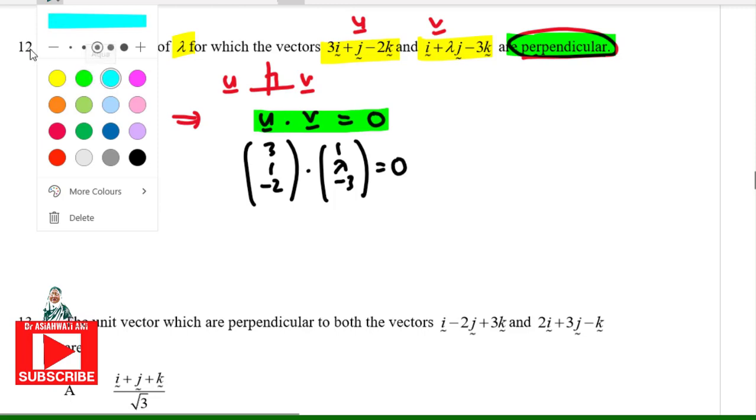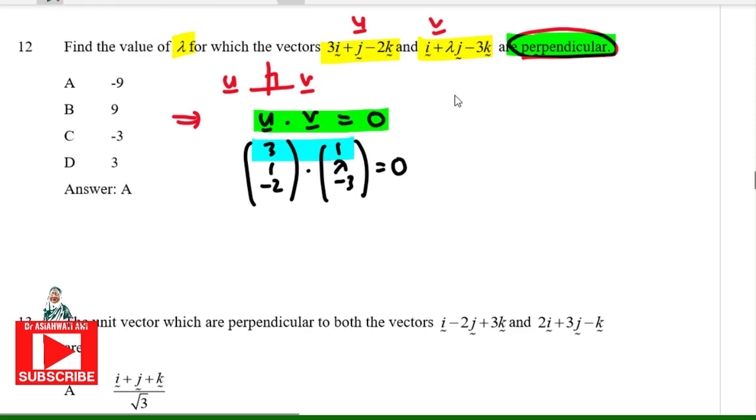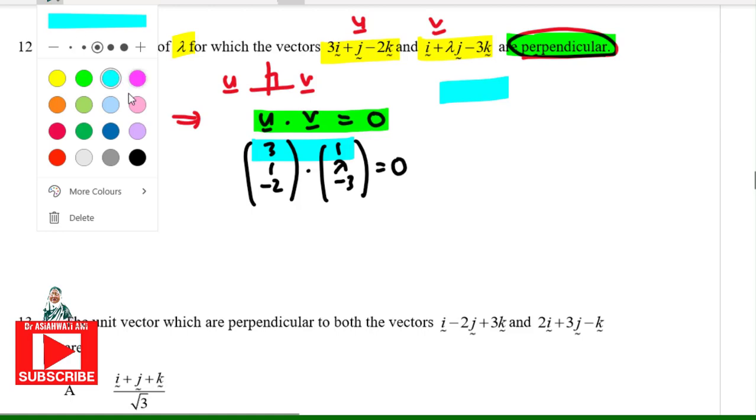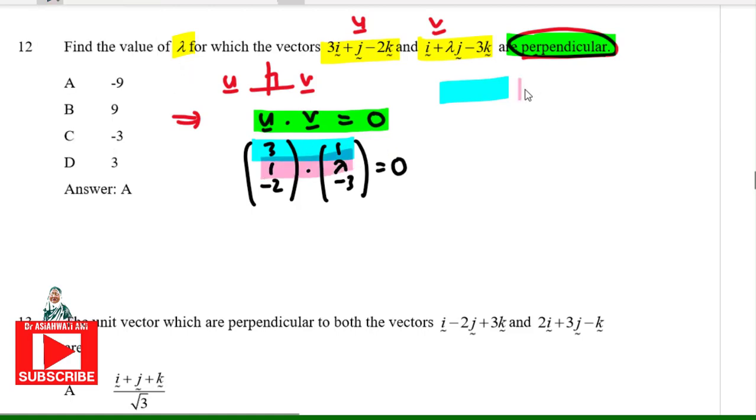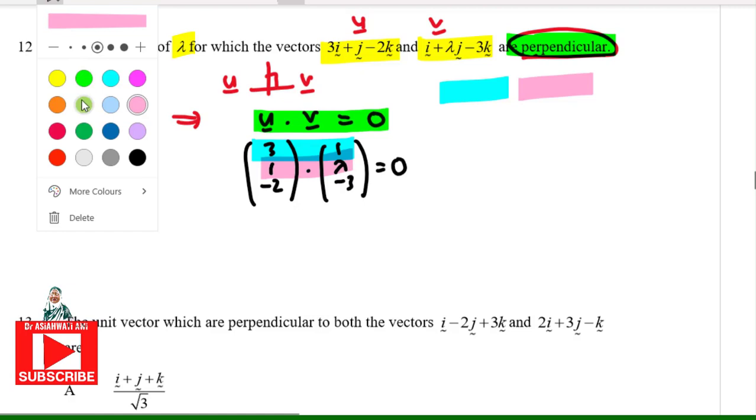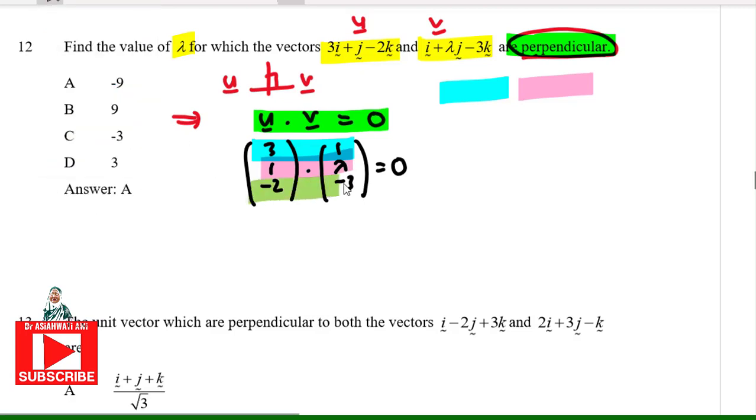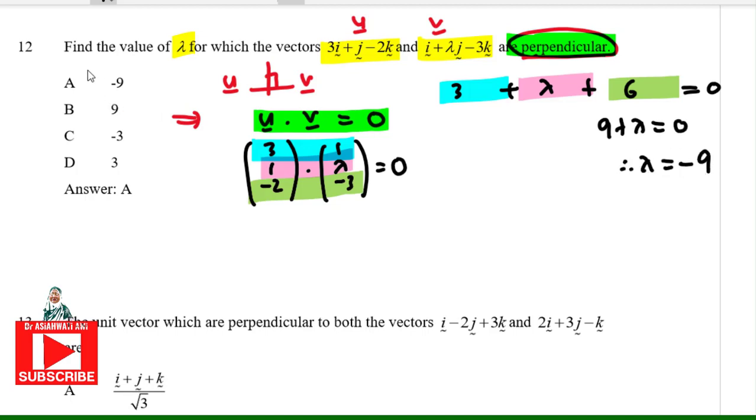Then component I times component I plus component J times component J plus component K times component K is equal to 0. 3 times 1 is 3, plus 1 times lambda is lambda, plus negative 2 times negative 3 is 6, equal to 0. So 9 plus lambda is equal to 0. Therefore, lambda is equal to negative 9.